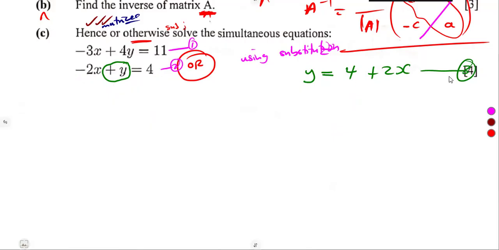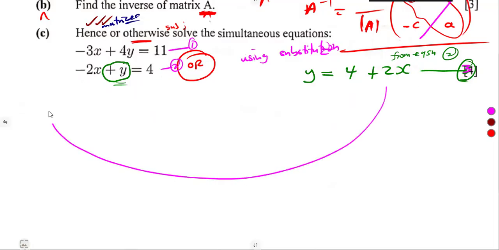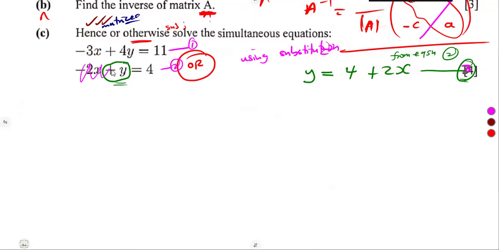We made y the subject from where? From equation 2. This is where we made y the subject. So we now have equation 3. So what is it that we are going to do? We are going to substitute equation 3 in equation 1. Don't substitute where you made the subject.